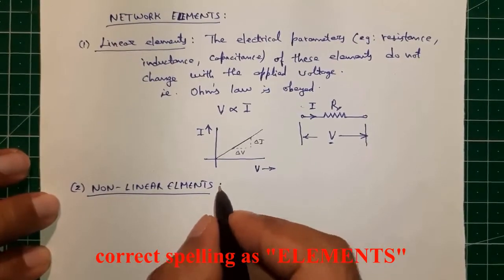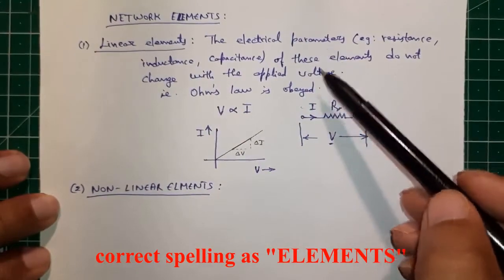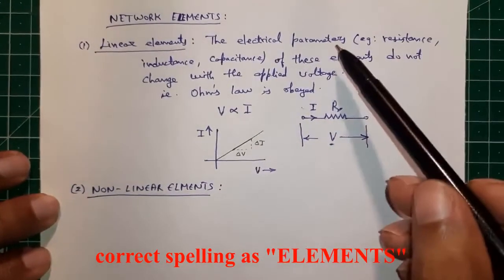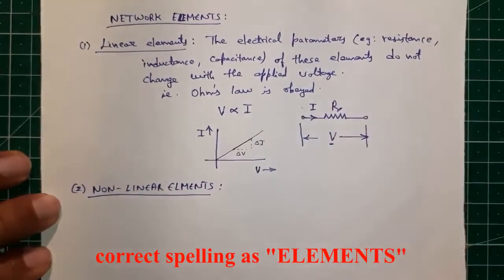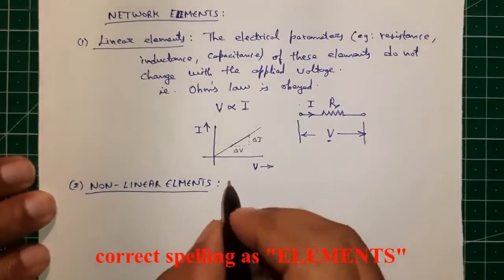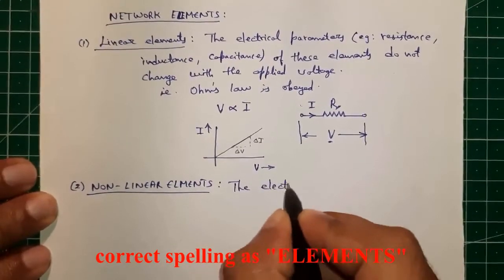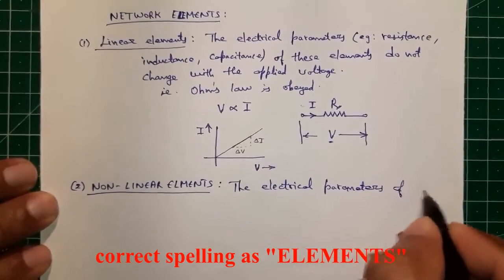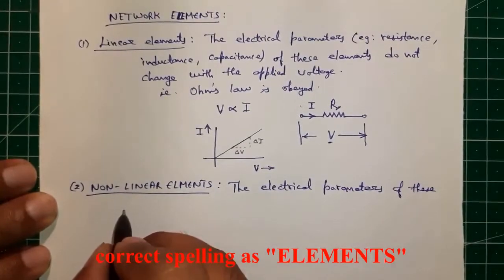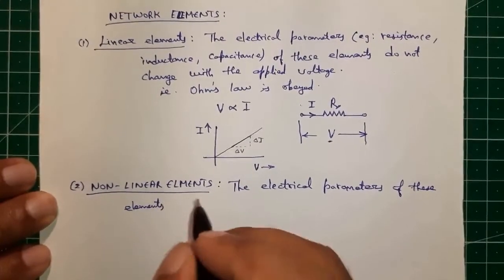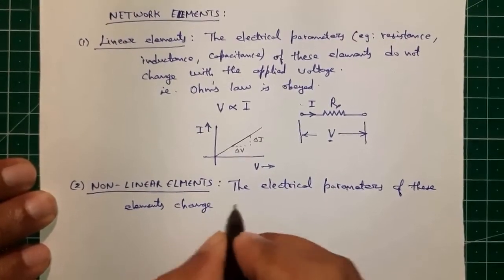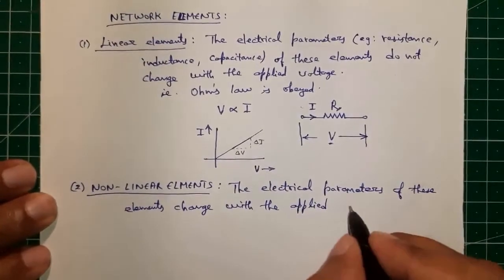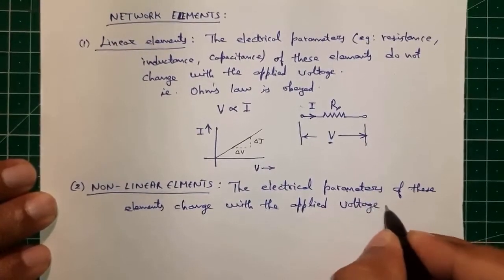If for linear elements the electrical parameters do not change with the applied voltage, the definition for non-linear elements will be that the electrical parameters of these network elements are going to change with the applied voltage.